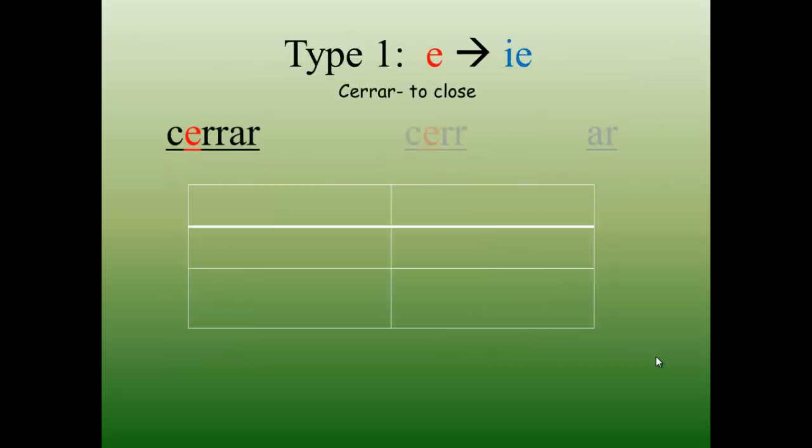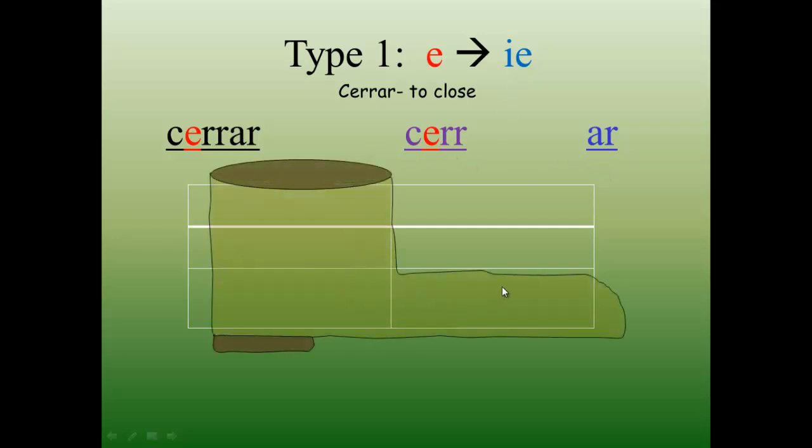So your next word is cerrar. Cerrar means to close. If I drop the AR ending of cerrar, my stem is cerr. I know it's an E to IE stem changer. My step 3 tells me to draw my boot. I take the E and I change it to IE inside of the boot.